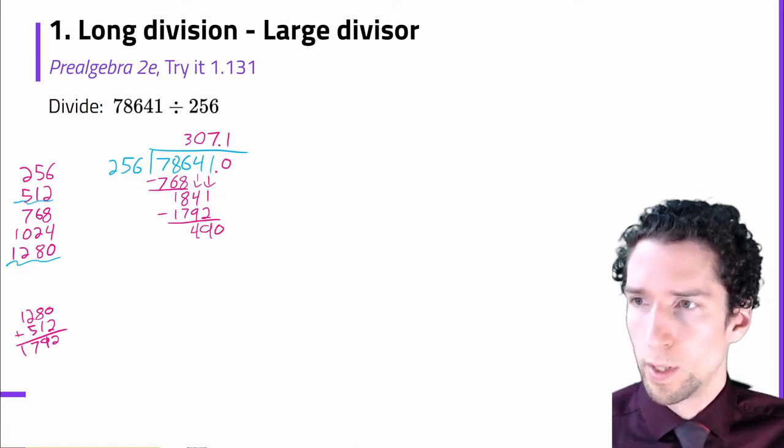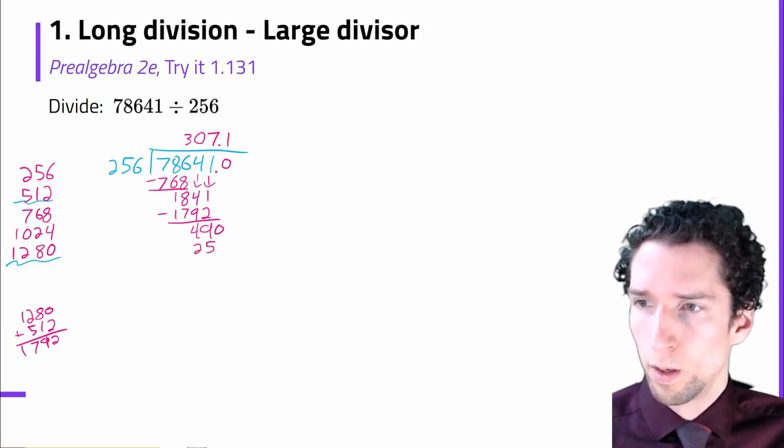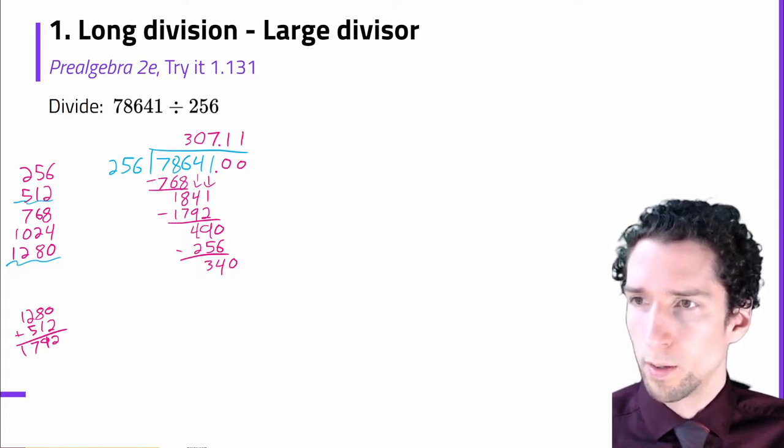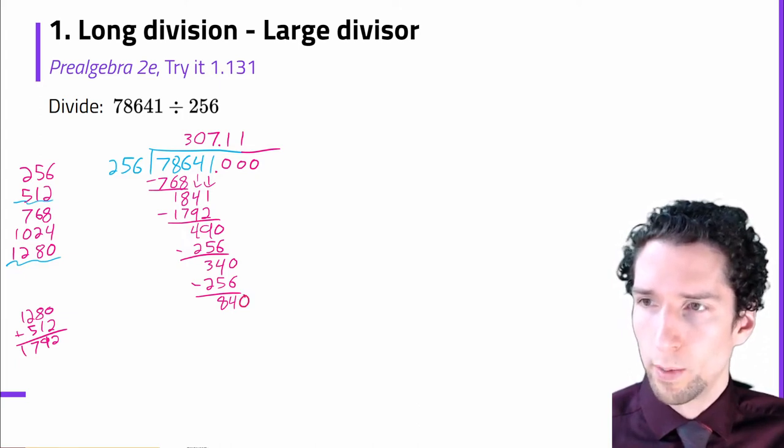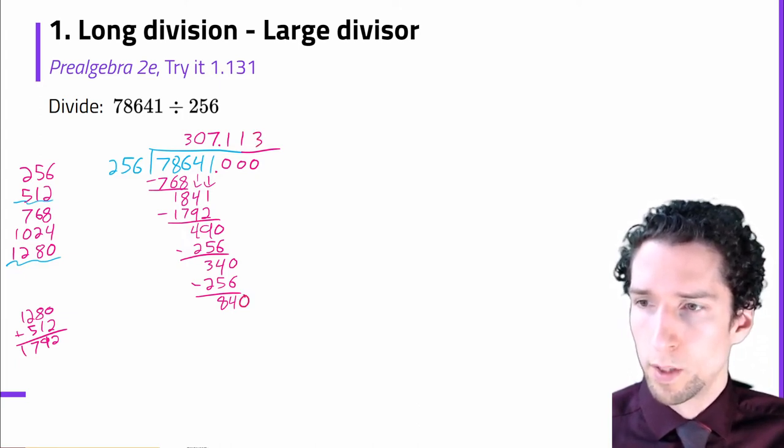That will go in 1 time. 256 into 34. And 256 into 340, that's also 1. 256, and that will be 84. 840, we already have these multiples figured out on the side. That will go in 3 times.